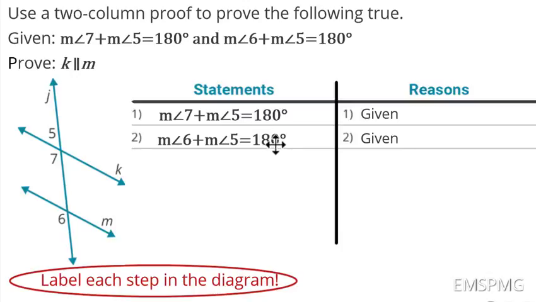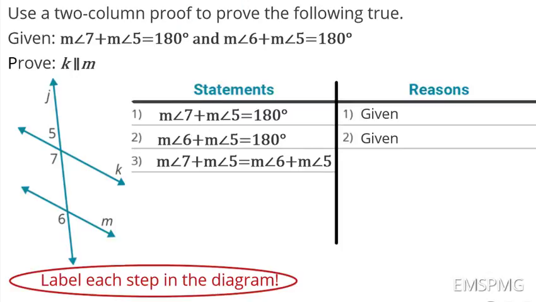Since they both equal 180, what I can say is that 7 plus 5 has to also be equal to 6 plus 5. Because if both pairs of angles equal 180, then they have to be equal to each other.